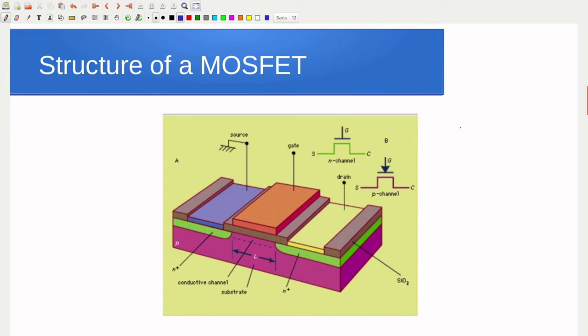If you remember the MOS capacitor, where we had a semiconductor separated by an oxide layer which had a metal contact at the top. This was MOS capacitor, and we were applying voltage across metal and the semiconductor.